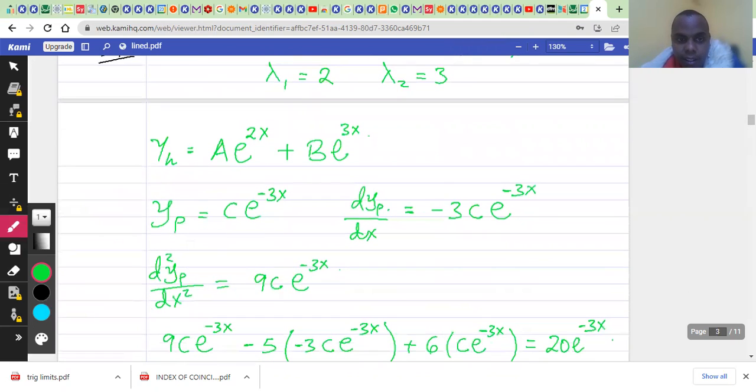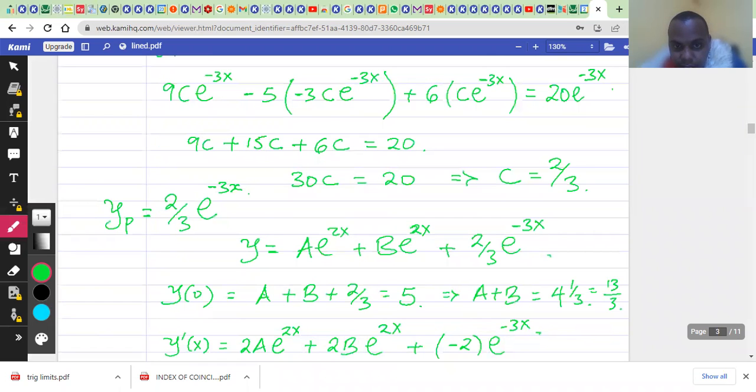Yes, I see the problem. yh was A e^2x plus B e^3x, right? So here we should make sure we have a 3, B e to the power of 3x.